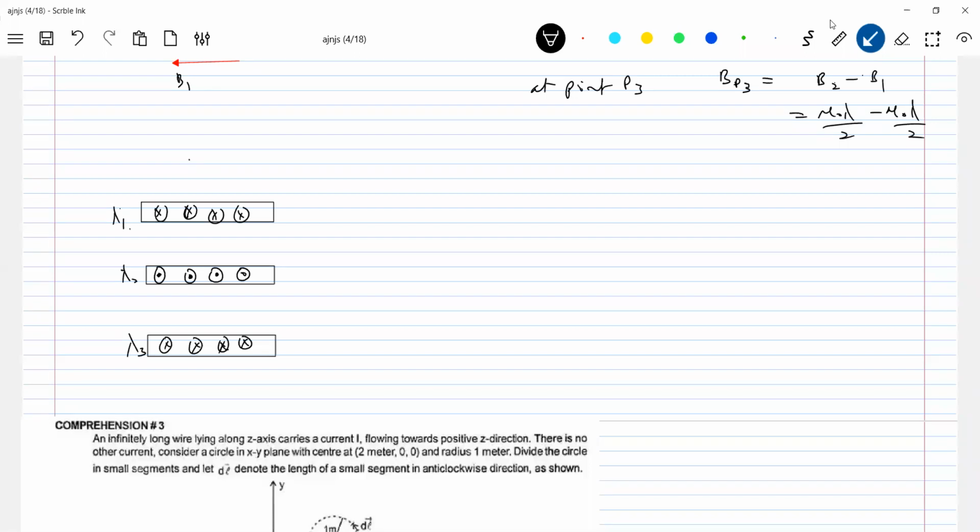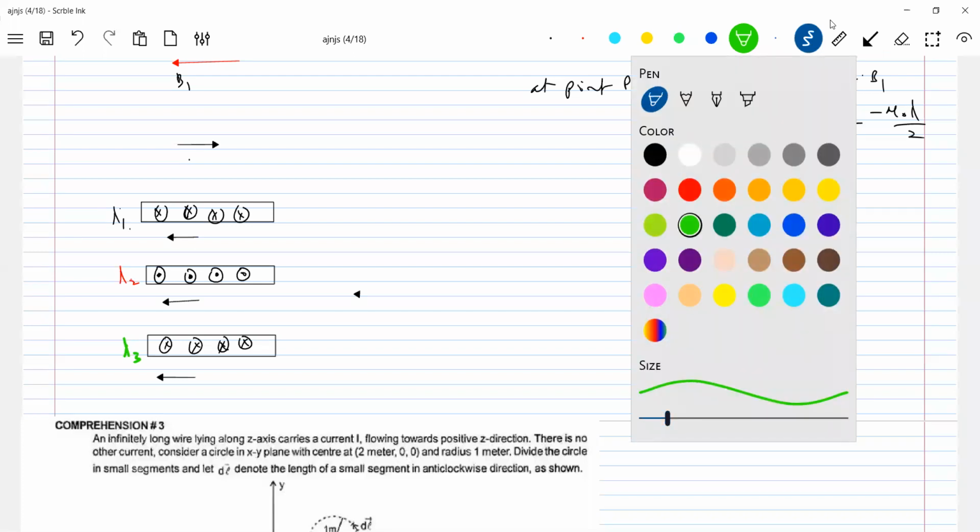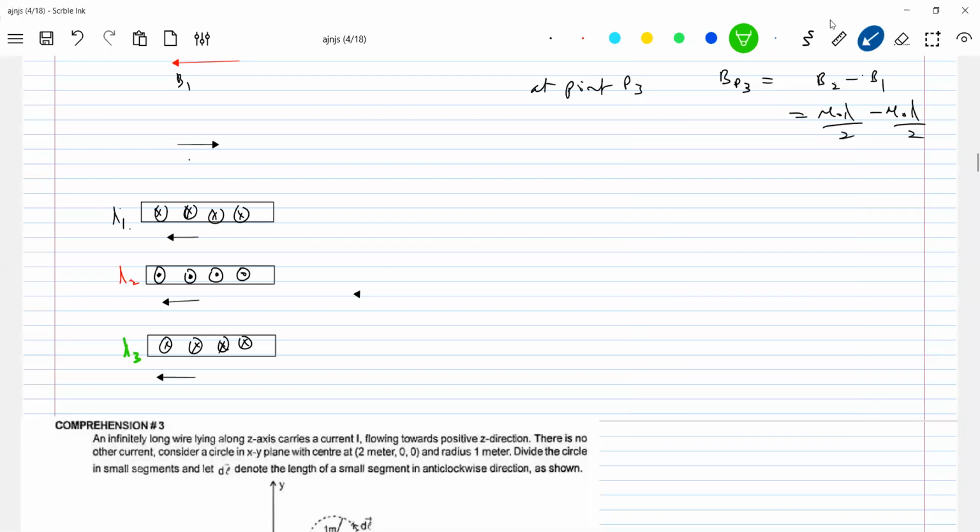Okay, due to sheet 1, the field will be in this direction. Black is due to sheet 1. Due to this, it should be like this everywhere.